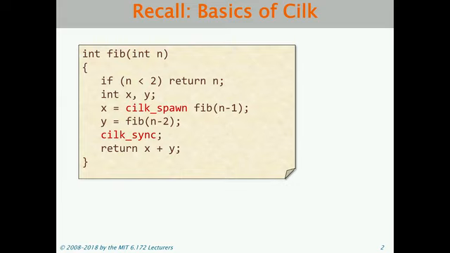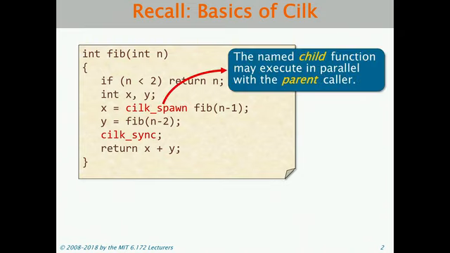Okay, so as a reminder, let's look at the basics of Cilk. We have Cilk spawn and Cilk sync statements. This was the code that we saw in last lecture, which computes the nth Fibonacci number. When we say Cilk spawn, it means that the named child function, the function right after the Cilk spawn keyword, can execute in parallel with the parent caller.